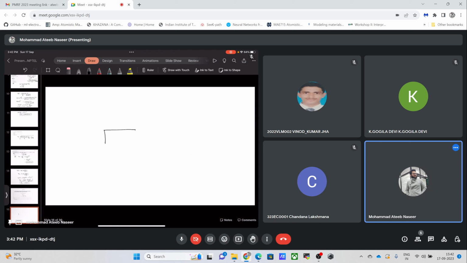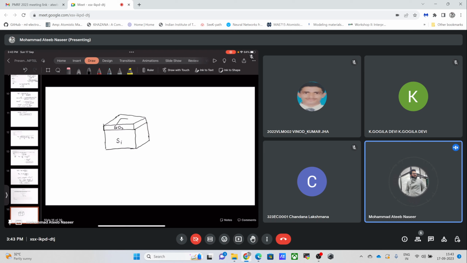If this is the silicon, okay, this is our silicon, let me draw it like this, this is our oxide, SiO2. So basically it will be having some metal over it.